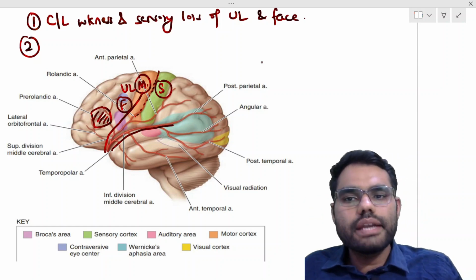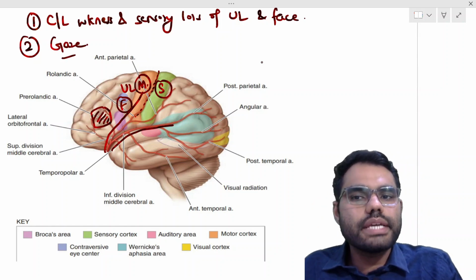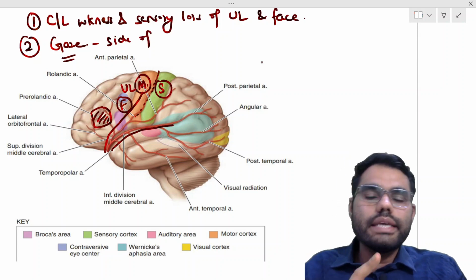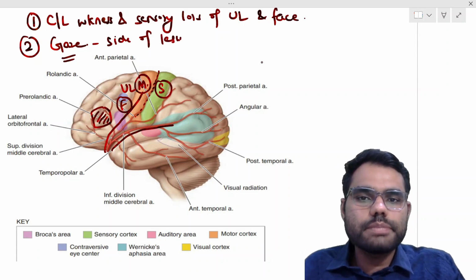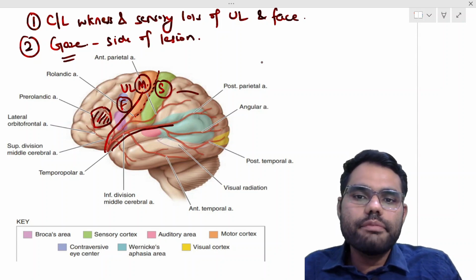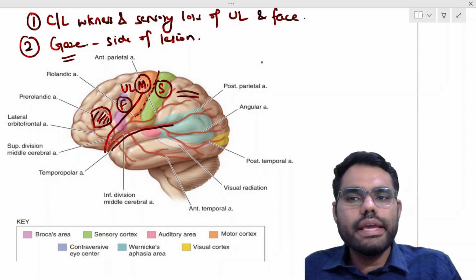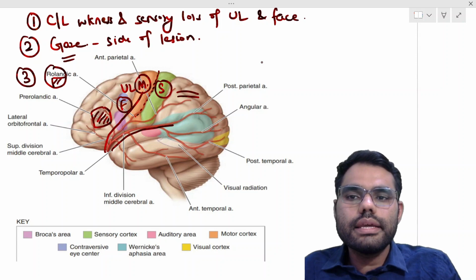So if there is a frontal eye field lesion, it will cause gaze preference towards the same side, the side of the lesion, because eyes cannot move towards the opposite side. So towards the side of the lesion there would be gaze preference. Next, there is an area which is carrying the superior optic radiations or Meyer's loop, which will result in a contralateral inferior quadrantanopia.